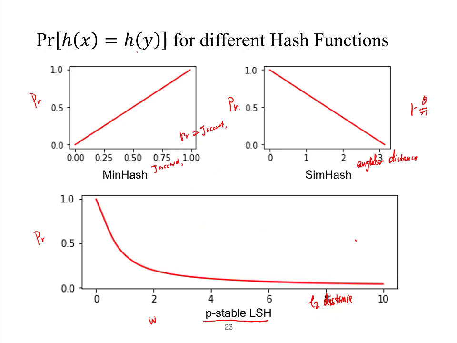For this case, we use w equal to 1, and we have the curve like this. So basically, when the distance is small, the probability is high, and when the distance becomes larger and larger, the probability approaches 0. That is the probability for different hash functions.